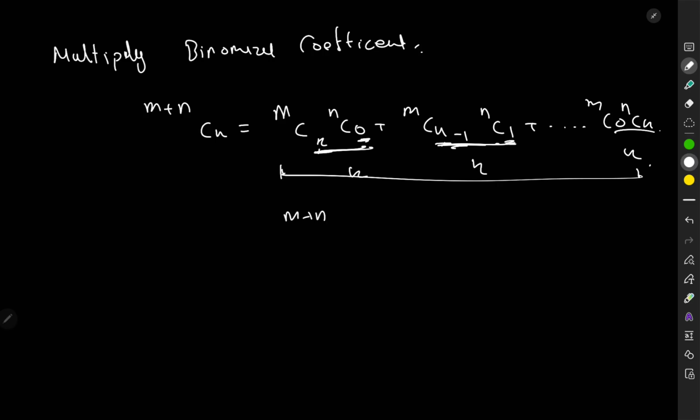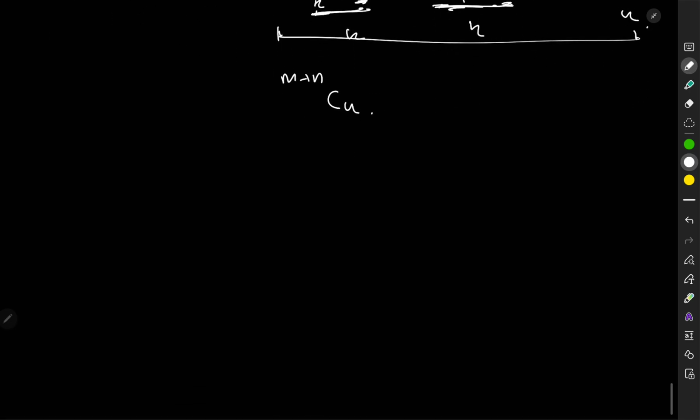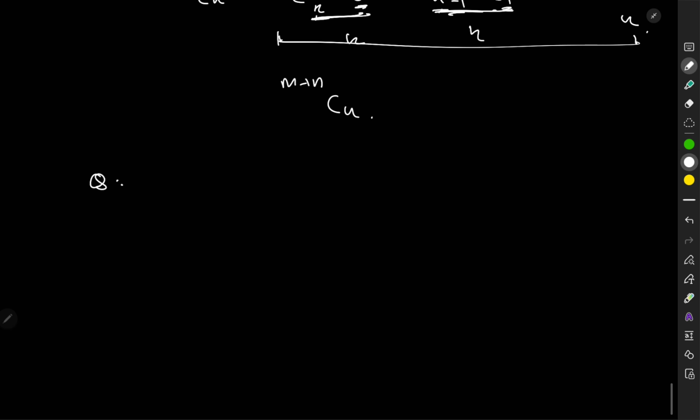Fine. Okay, let me have a question. We need to find the sum over r equal to 0 of 22Cr times 23C(something). We need to find this value.